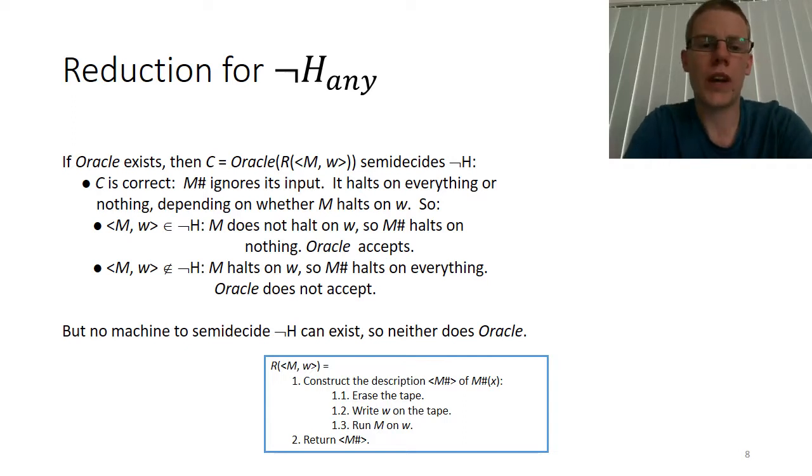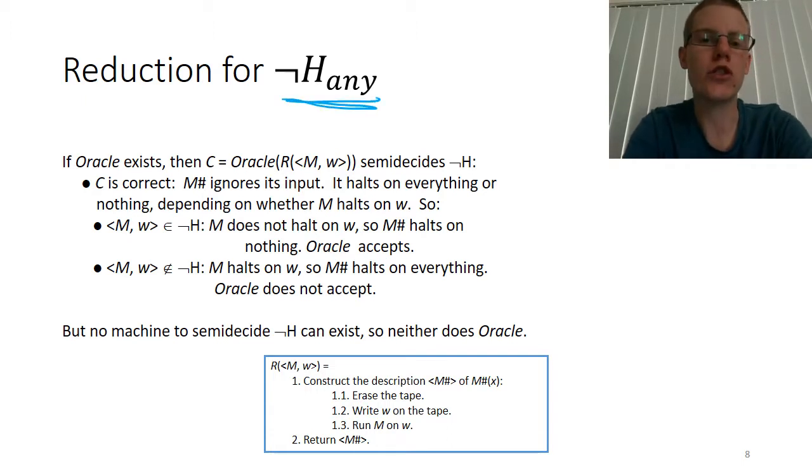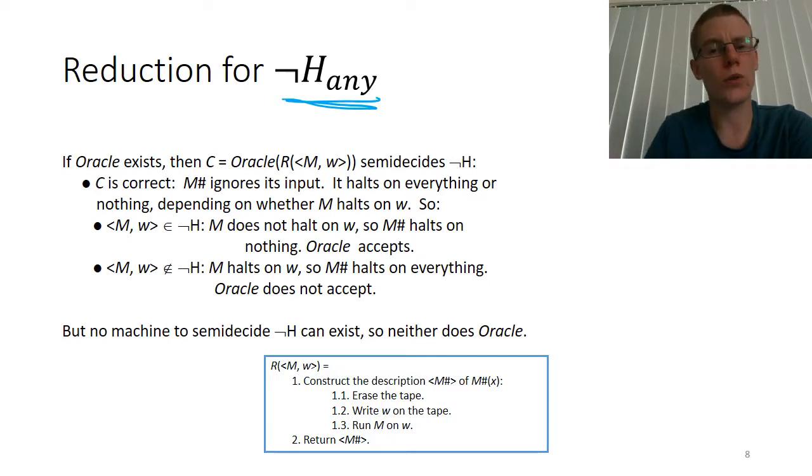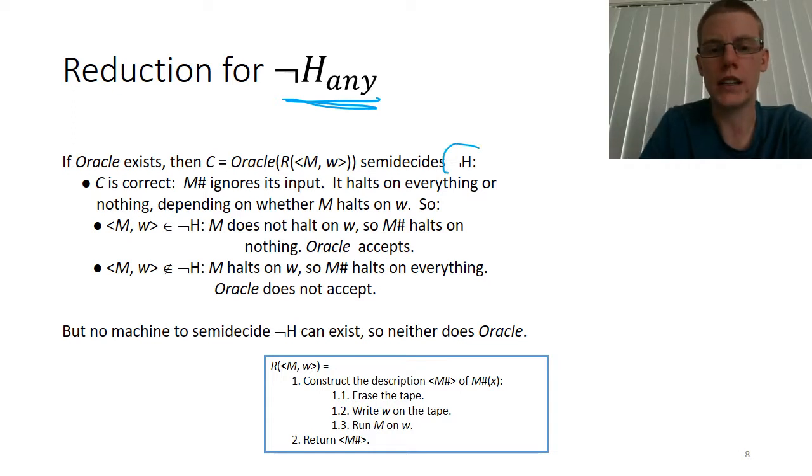So let's assume that we have an oracle which can semi-decide this language here. It can tell us if there is no possible string that our machine halts on. Well, then we know that our machine then can semi-decide the complement here from this reduction.